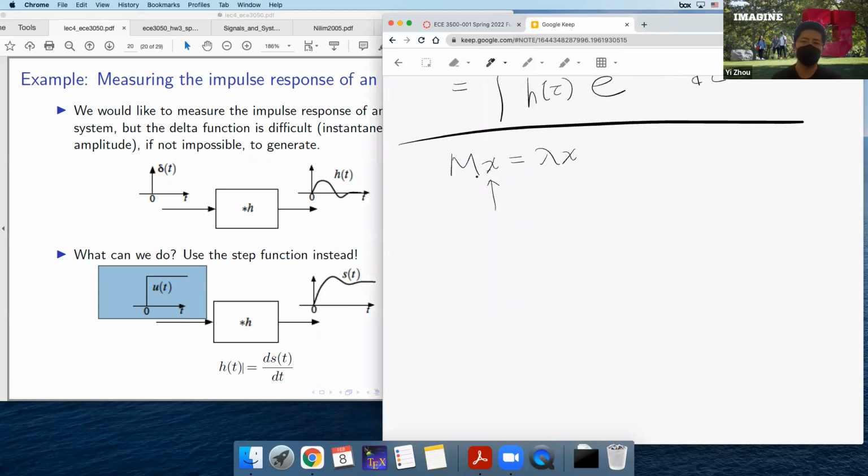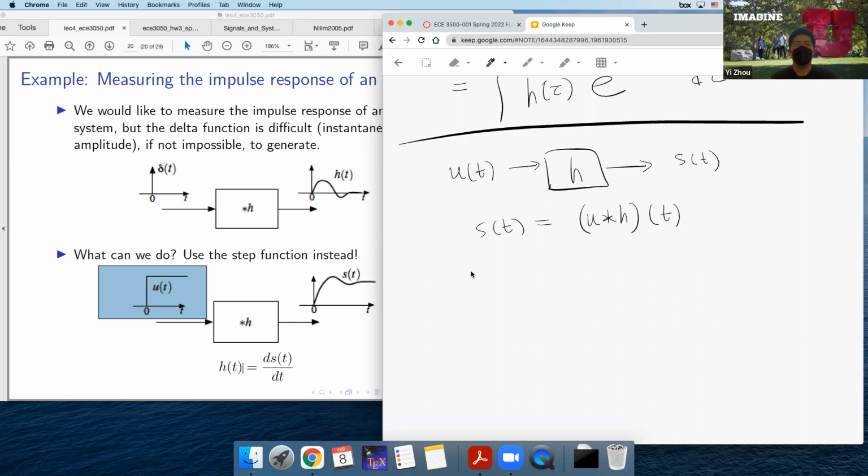Let's look at this one. If you feed u(t) to the LTI system H and look at the output s(t), now because it is LTI, we know s(t) is given by u convolved with h.